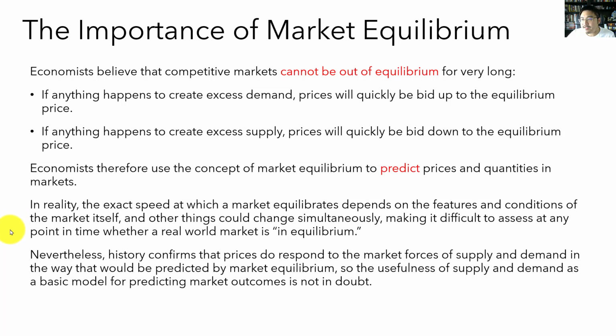But despite this, our historical and empirical observations do confirm that prices do seem to respond to the market forces of supply and demand in the ways that would be predicted by market equilibrium, right? So the usefulness of the supply and demand model to predict prices and quantities in markets has proven itself over time, and so its basic usefulness is not in doubt, and we're going to be making use of it a lot. Just keeping in mind that, of course, reality always has a lot more wrinkles and complications than our simple model can address fully.